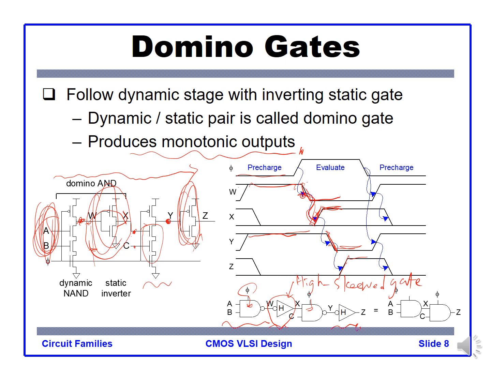So we make the threshold higher, so evaluation is faster. If the output goes down, the inverter makes a transition quickly.